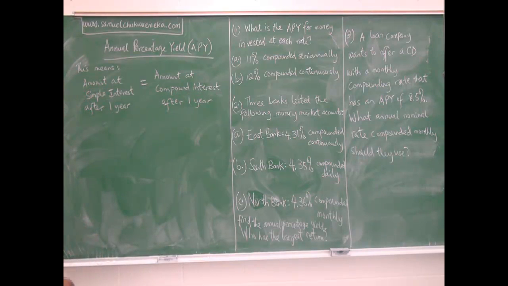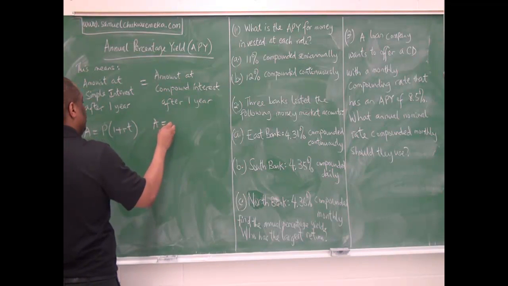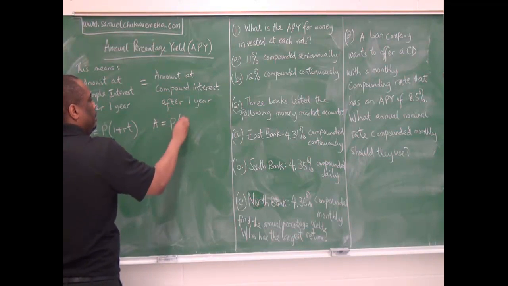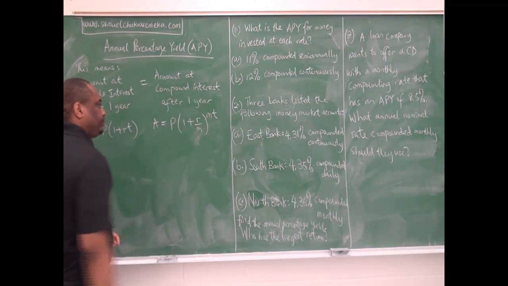So what's the amount at simple interest? A is equal to P(1 + RT), right? This is the simple interest amount. What's the compound interest amount? A is equal to P(1 + R/M)^(MT).